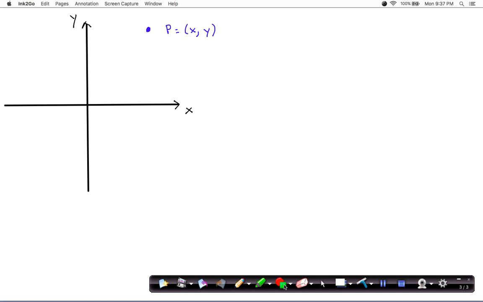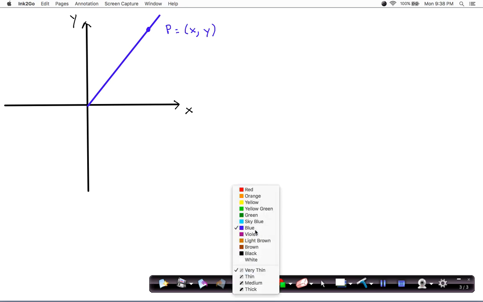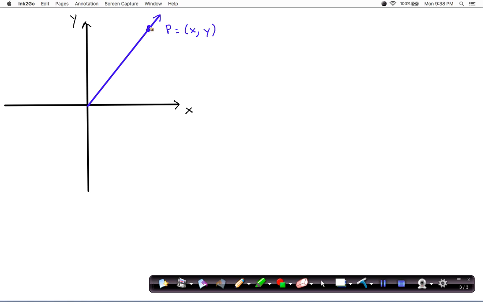Let me also draw in a ray through that point. All right, there we go. Imagine that we wanted to rotate the xy axes. Draw an alternate set of axes over here, maybe something like this, through the origin.